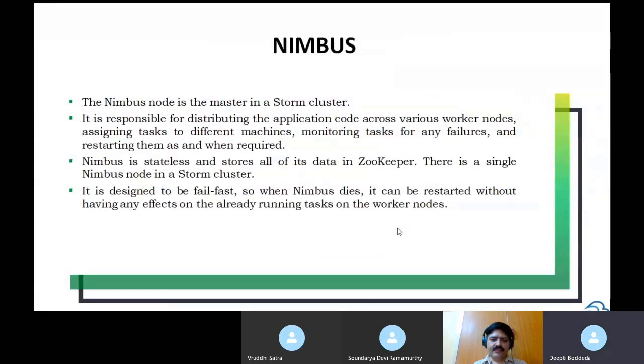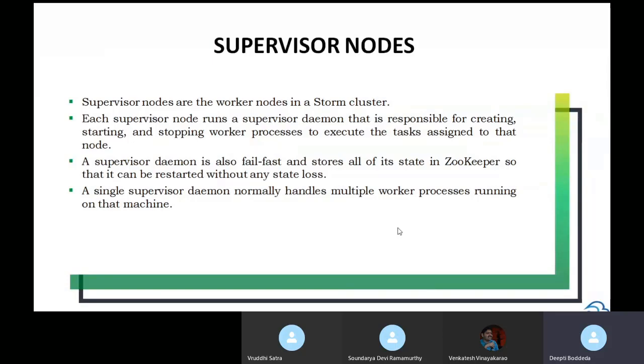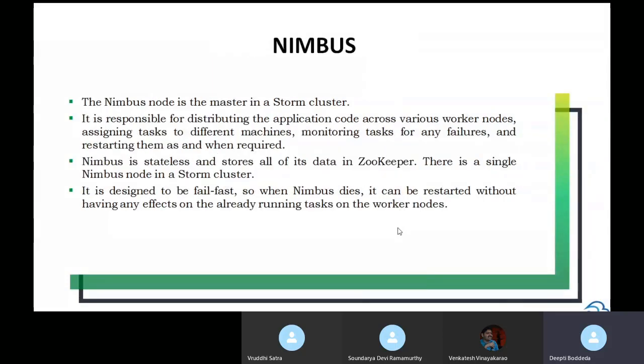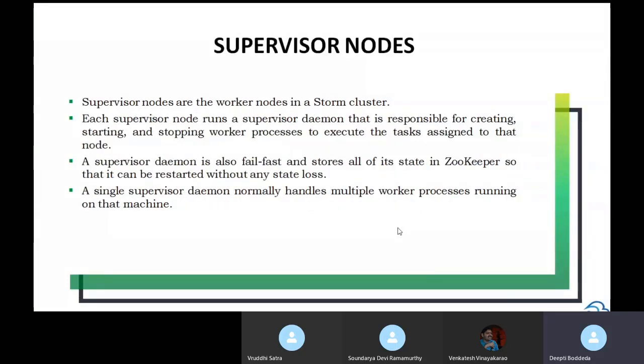Yes, Nimbus. Next one is Nimbus is the master node, and the supervisors are the nodes to which Nimbus distributes all the data. The supervisor daemon is responsible for creating, starting, and stopping worker processes to execute the tasks assigned to the node.